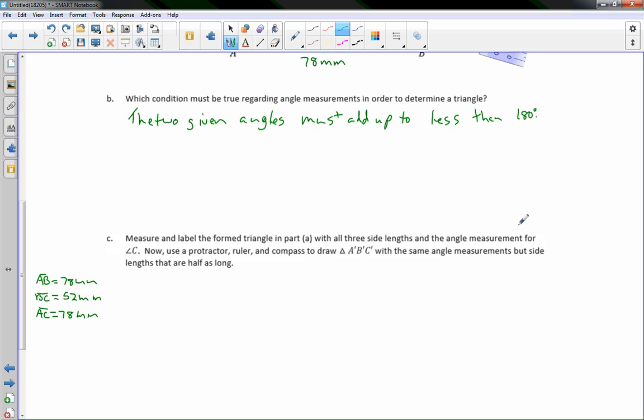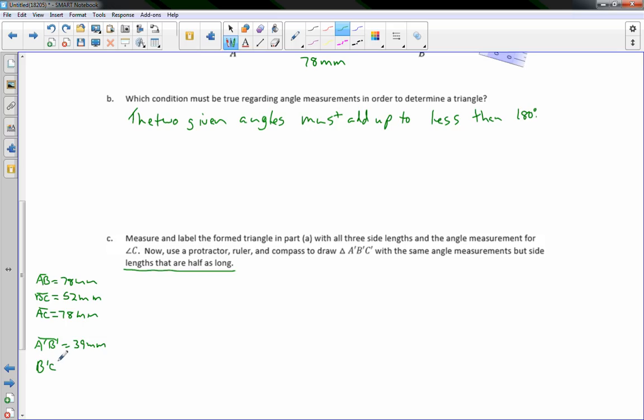Now we've done this part here. Now use a protractor, ruler, and compass to draw a triangle A prime, B prime, C prime with the same angle measurements, but side lengths are half as long. So my A prime, B prime will be half the length of 78. Half of 78 is 39 millimeters.